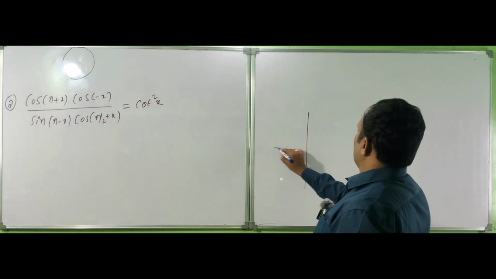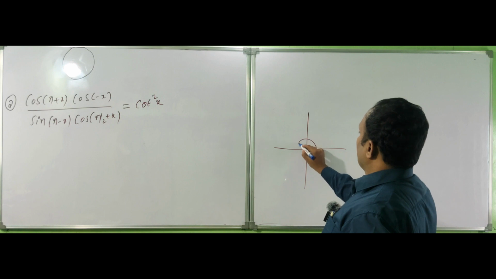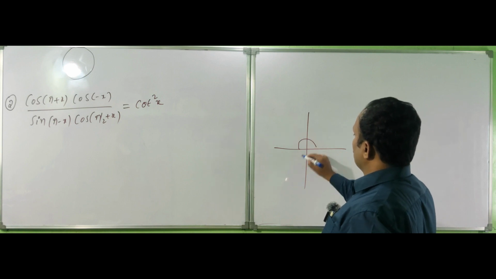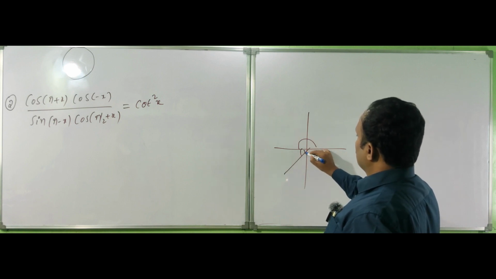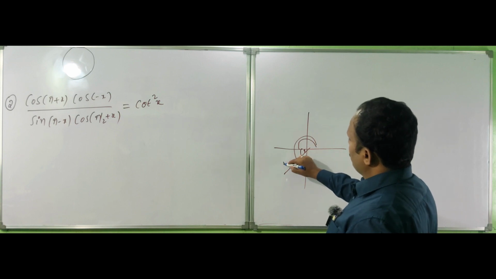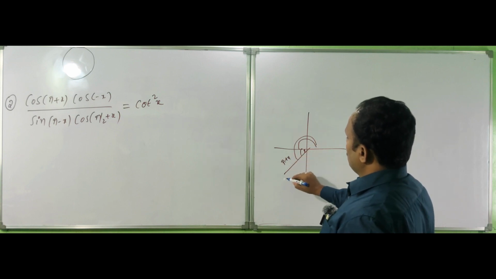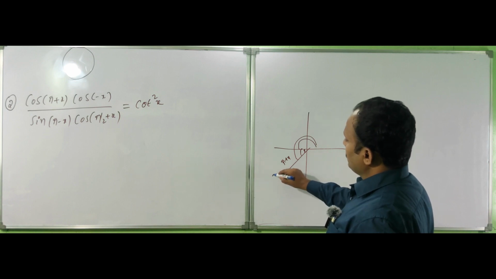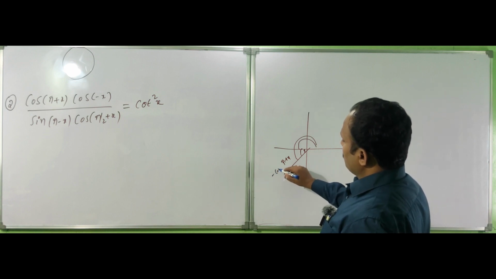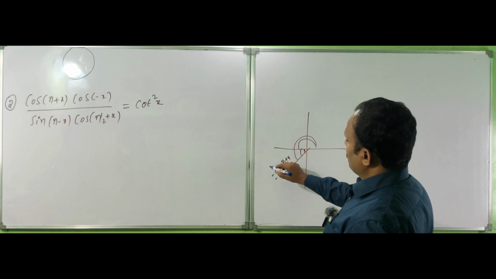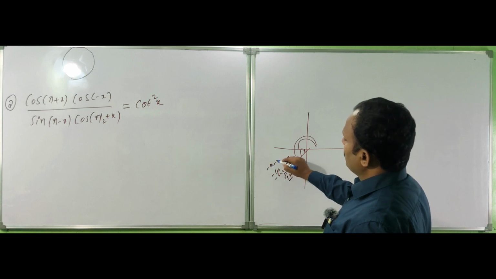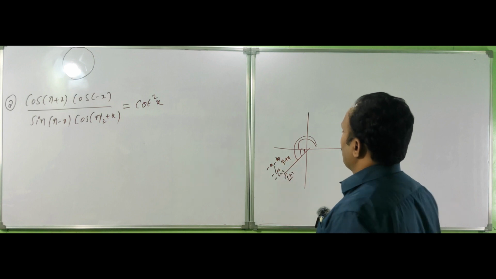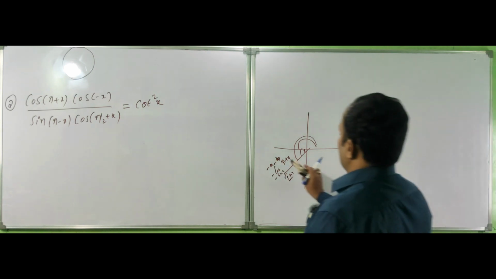This is the angle. This is pi, this is x, so this angle is pi plus x. Here only tan is positive, so sine and cos are negative. You can remember it as minus A and minus B here.